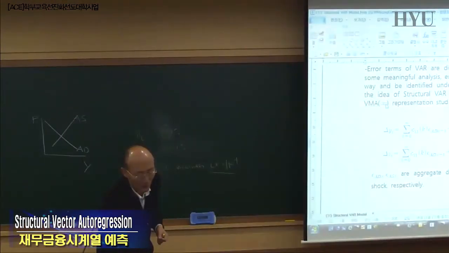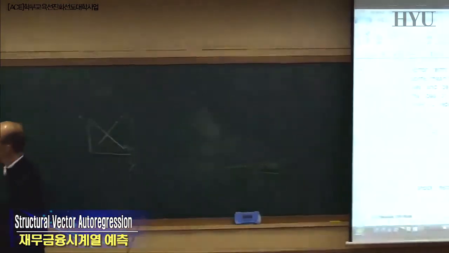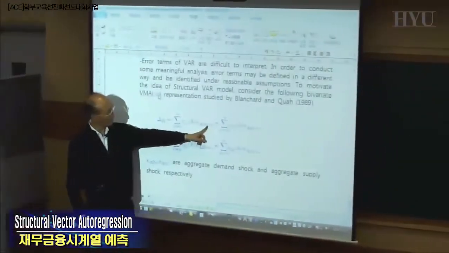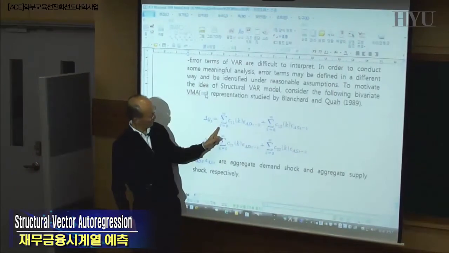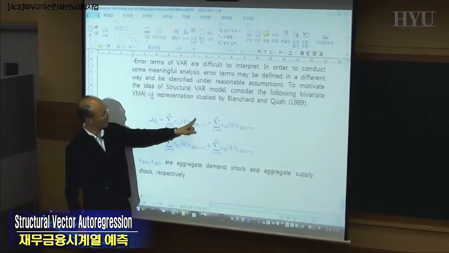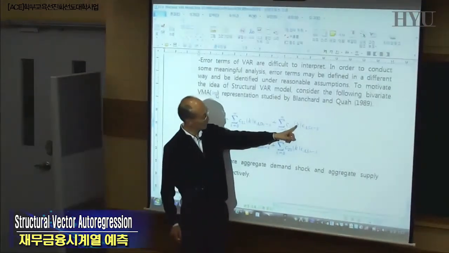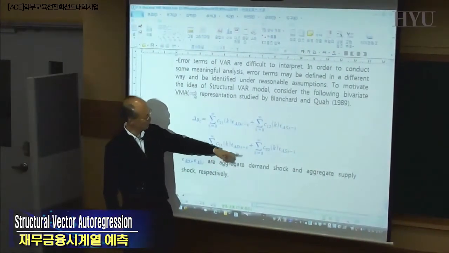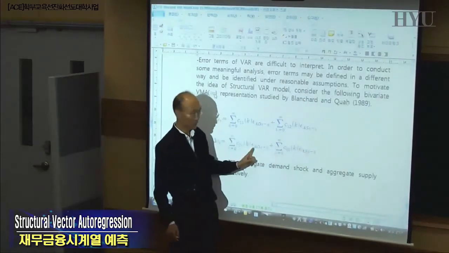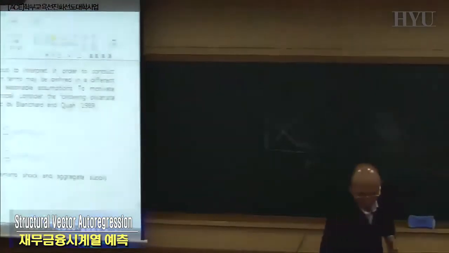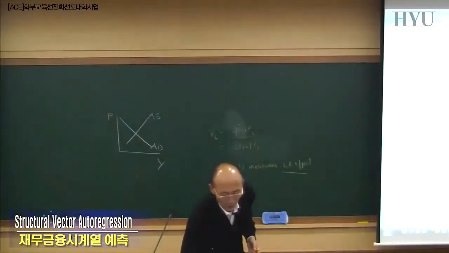And if you look at the innovation at t, that's the same as k equals 0, right? So C11 zero, C12 zero, also C21 zero, C22 zero, and that. So 2 by 2. So those residuals should be the same.